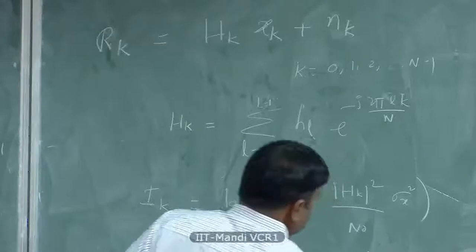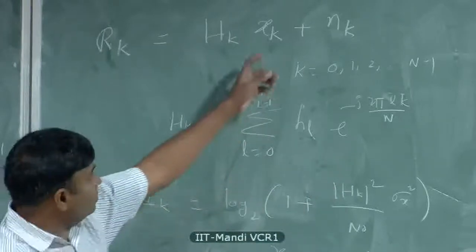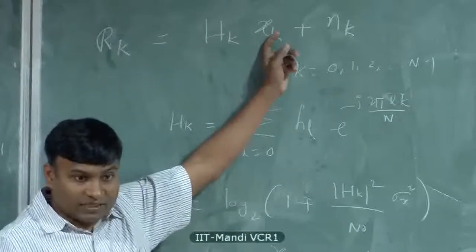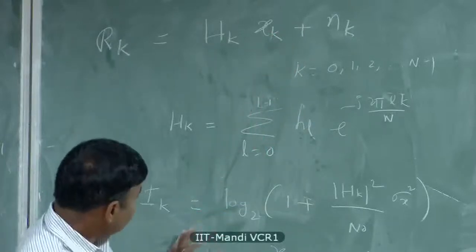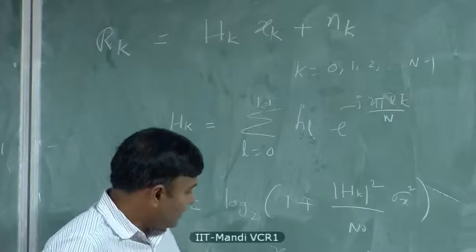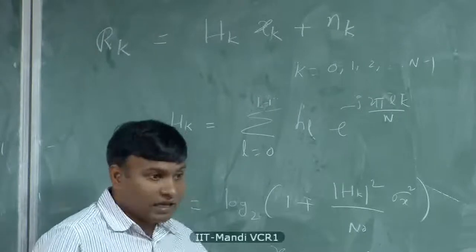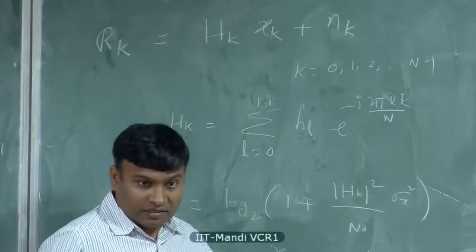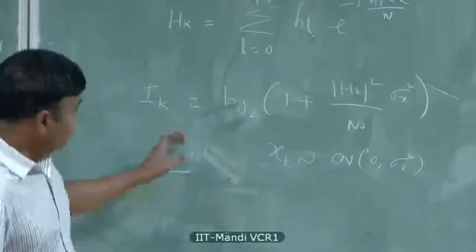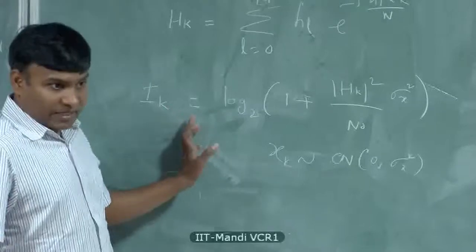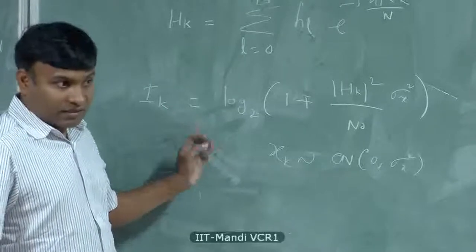But in the beginning of the lecture, we said that X_k is restricted to a finite constellation like BPSK, QPSK, and so on. But this is the mutual information you get for a constellation with a continuous distribution, and we use finite size constellations to reach this mutual information. This is something you have seen, right? Capacity of a channel.